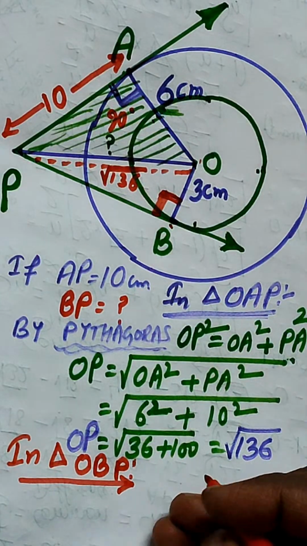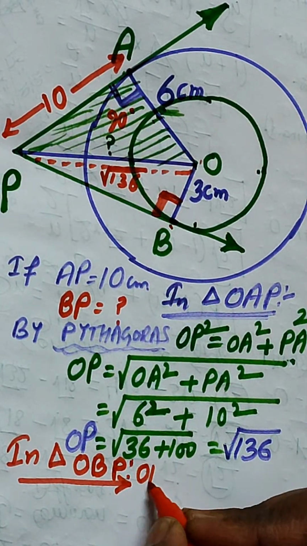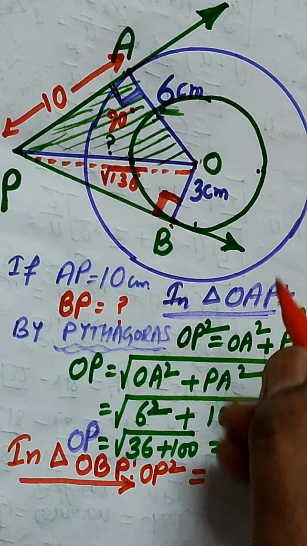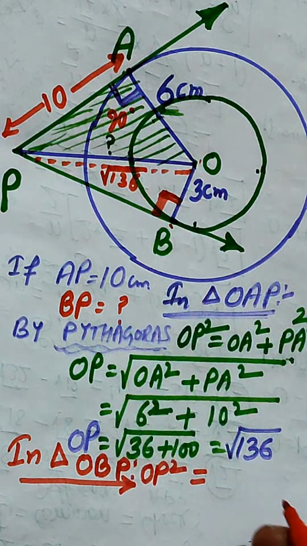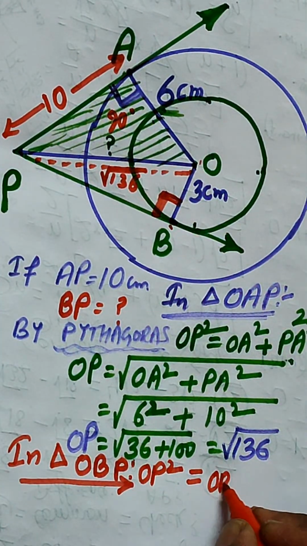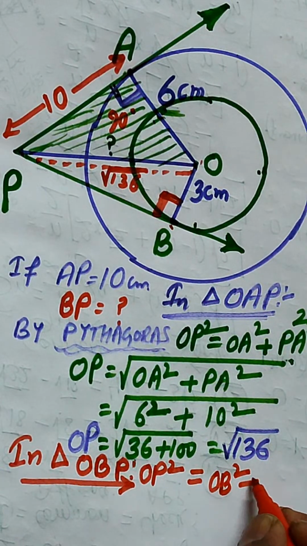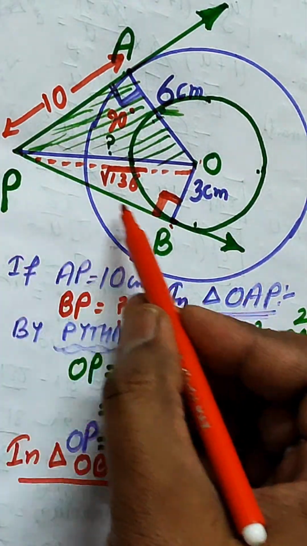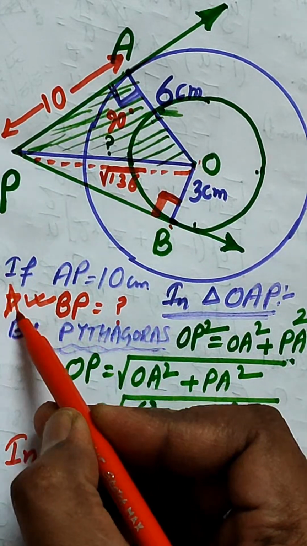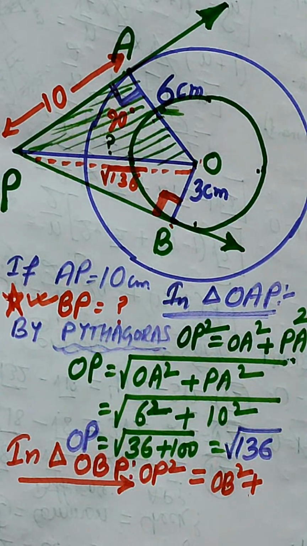So we can write OP square, which is your hypotenuse, is equal to OB square, that is your radius, plus BP square, which you need to calculate. Mind it, this is BP, right?